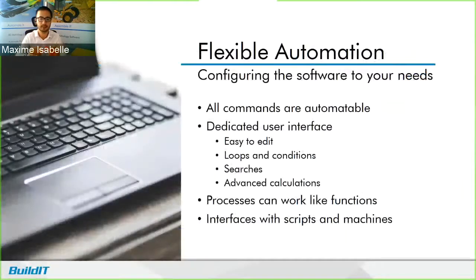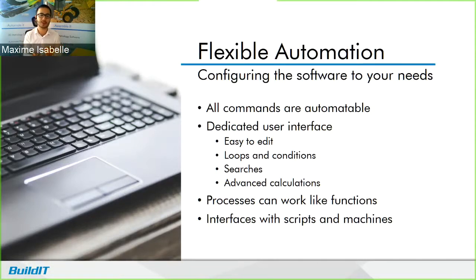Now coming back to the bullets right here, the third one that I want to cover, in terms of the dedicated user interface, was the searches. So we also have the ability to search for objects that have the same properties, and that allows you to have a process that you can use on multiple CAD files, independent of the CAD. And what's nice about this is you can copy paste it.